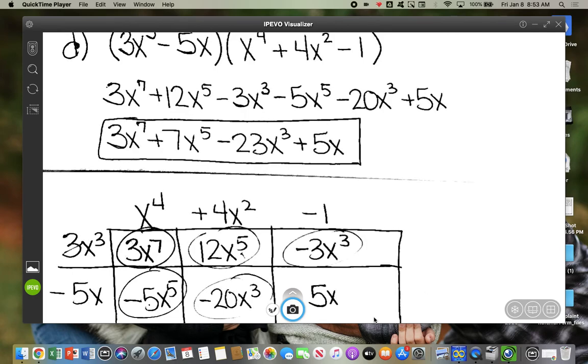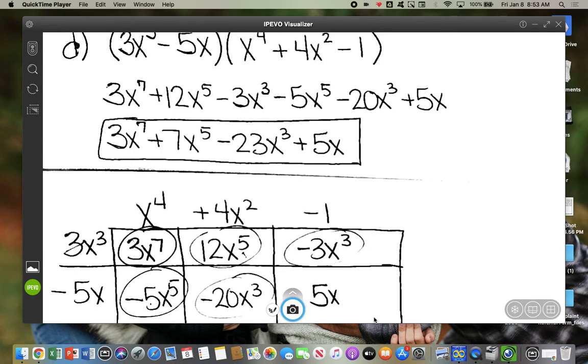But I know some people just have a hard time organizing and keeping track. There's just a lot of different ways that you can show your work. And I actually have used these boxes for factoring, which is what we're going to be doing next after we do this.